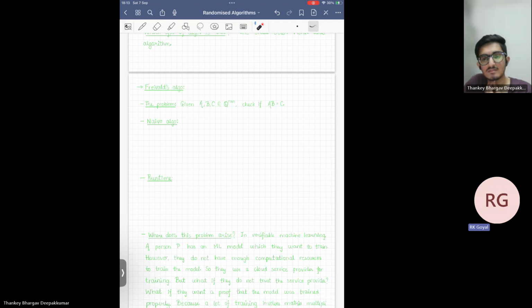I'll use the traditional way of multiplying the matrices, in the order of n cubed. Or, instead of computing the entire product, I can keep comparing whether the value of the product of the first row and the first column is the same as that entry in the C matrix or not.